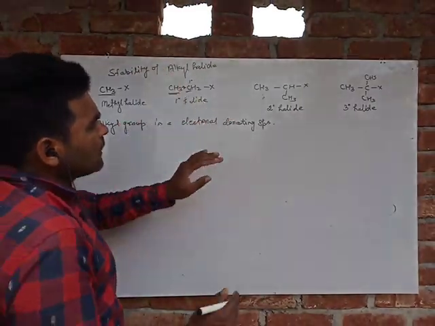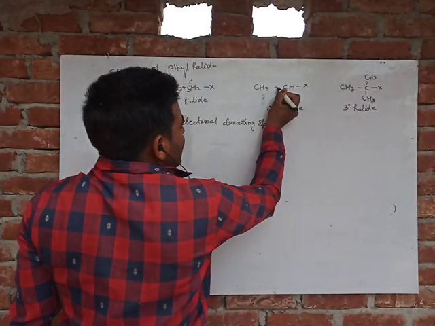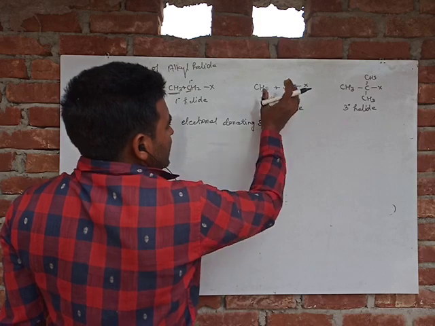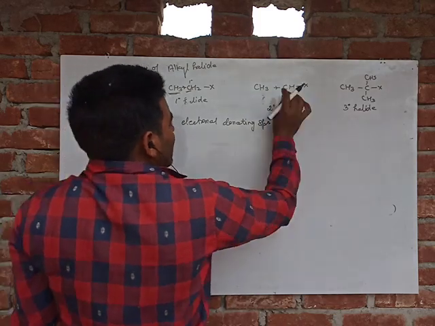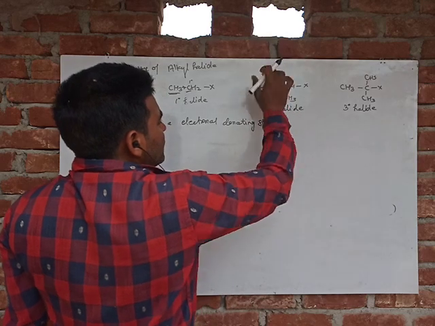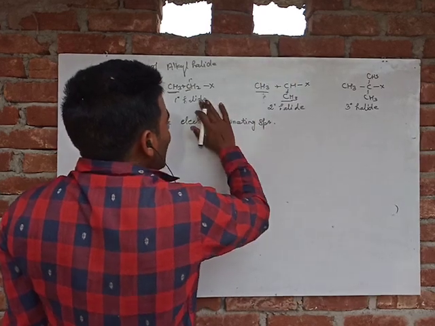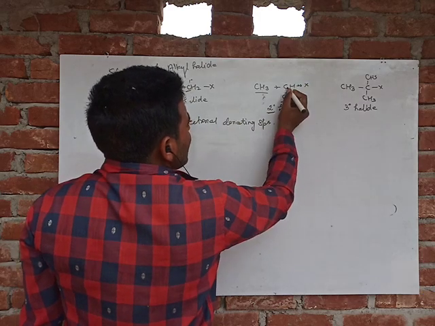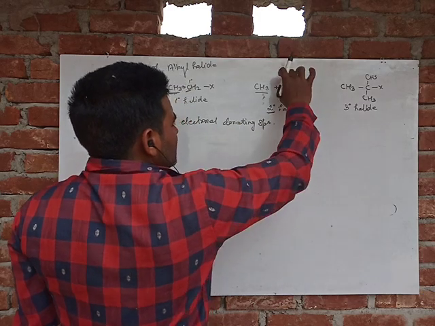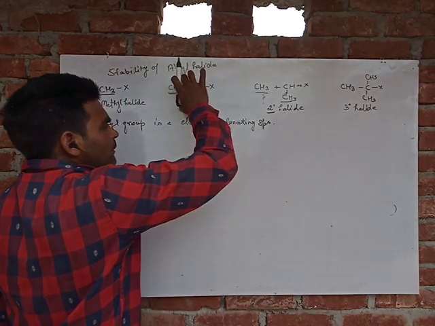Similarly, here two methyl groups are attached, so the supporting of electrons by the methyl groups is higher in secondary halide. Means this carbon has more electron density than the primary carbon.